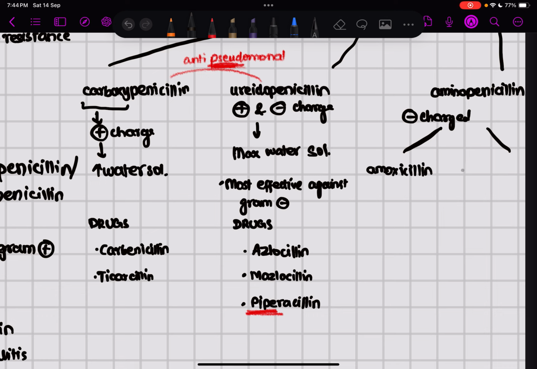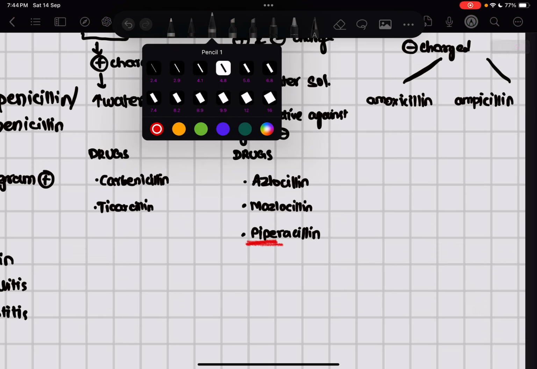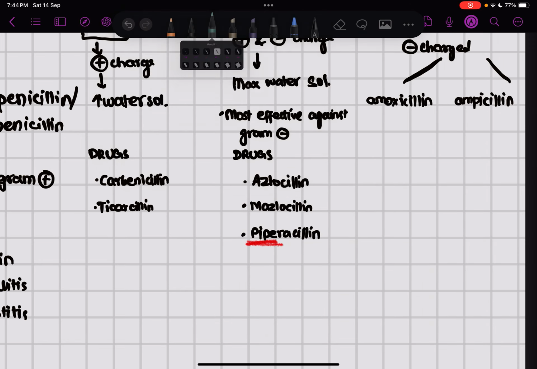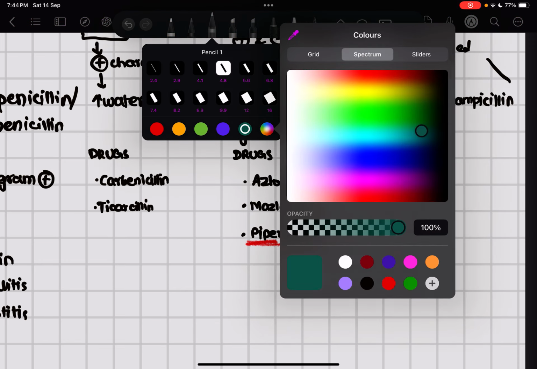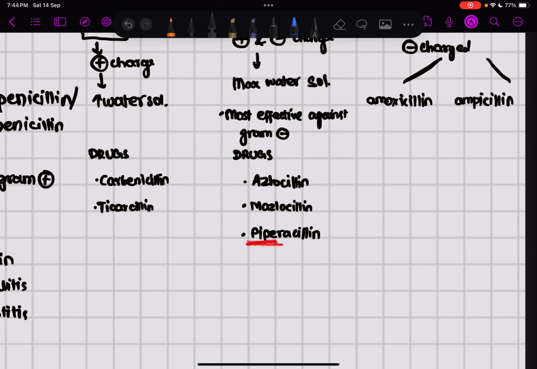The thing is that amoxicillin has increased oral absorption, and ampicillin has less oral absorption.